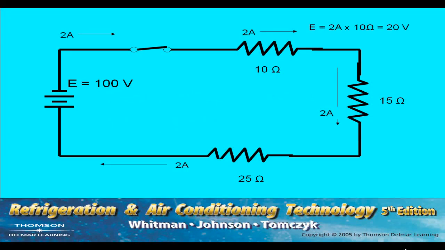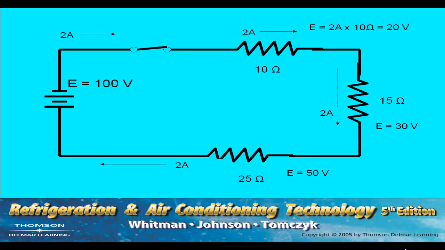We can work it backwards and do the math to find the voltage across each resistance. If we know the current, and the current's the same through every resistor, we know 2 amps is going to flow through this whole circuit.